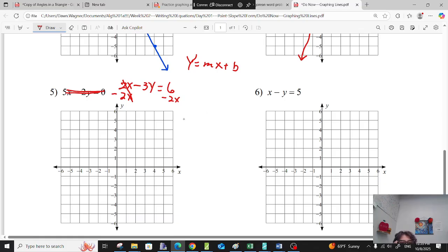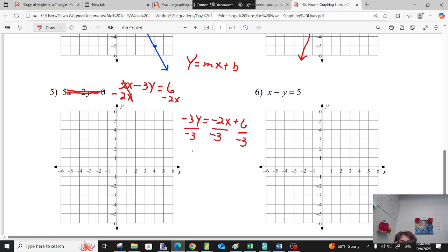Now how do I rewrite it? Equals negative 2x. Very good. Good job.